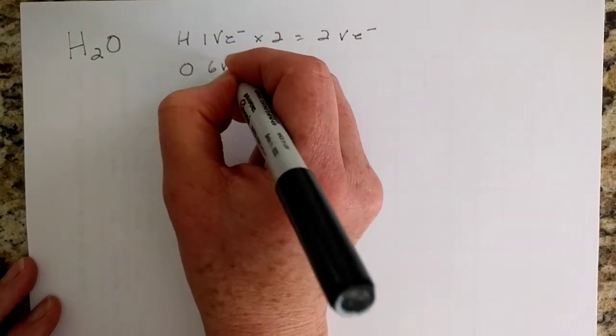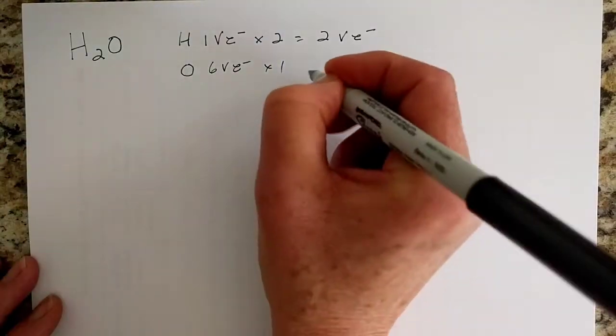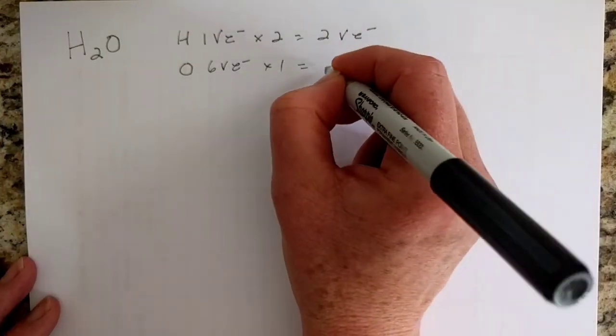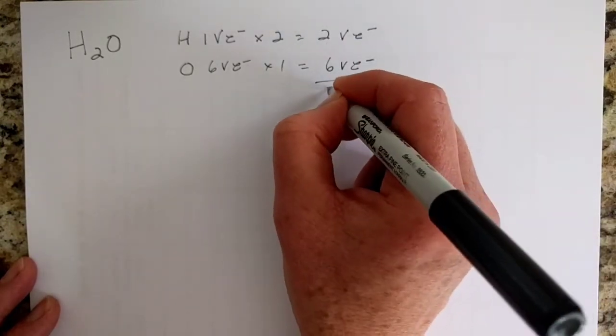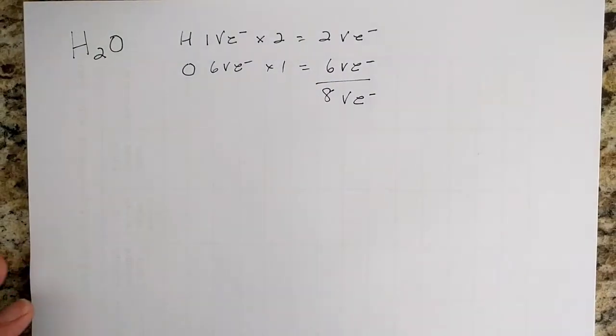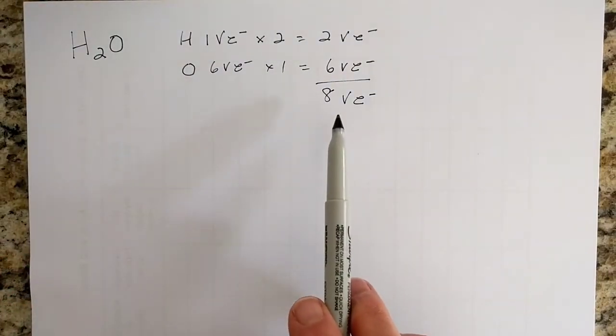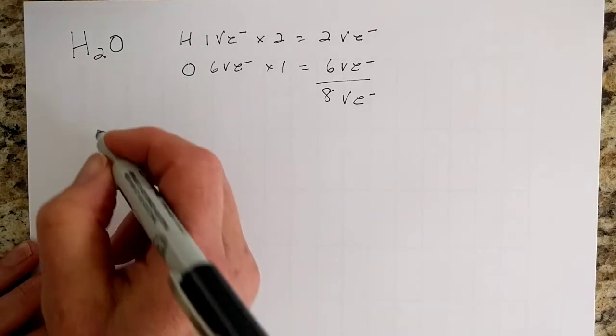Oxygen has 6 valence electrons, and we only have 1 oxygen in our molecule for a total of 6 valence electrons. So we have a total of 8 valence electrons. Now, these are the electrons that are going to be bonding or lone pairs in our molecule, and we don't have any more or any less that we have to put in our Lewis structure.